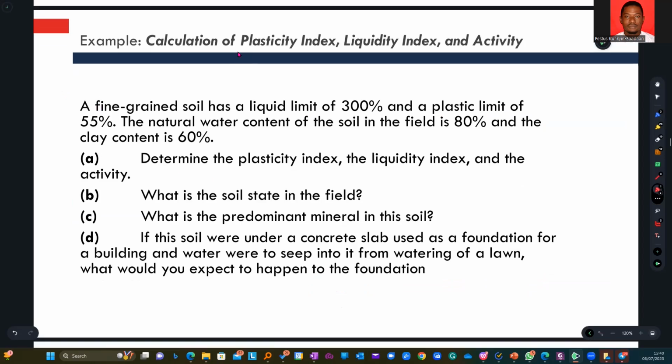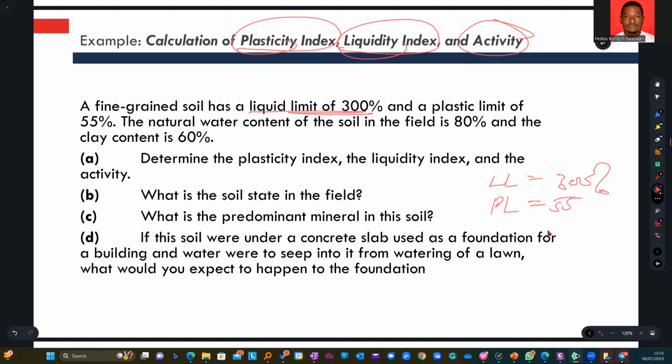So we are being asked to calculate the plasticity index, liquidity index, and then the soil activity. Here, a fine-grained soil has a liquid limit of 300, so LL is equal to 300%. The plastic limit PL is 55%.